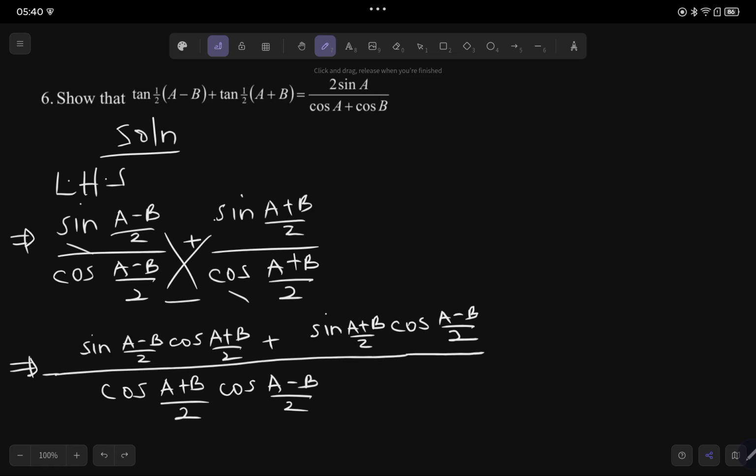They are only remaining with the 2, which is missing as a coefficient, and which we can introduce by multiplying through by 2, both numerator and denominator. I'm putting the 2 here to shorten my video. So 2, 2, 2. Now, I have multiplied 2 both in the numerator and in the denominator.